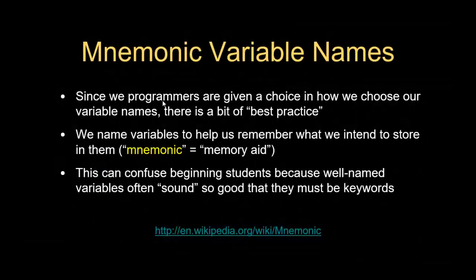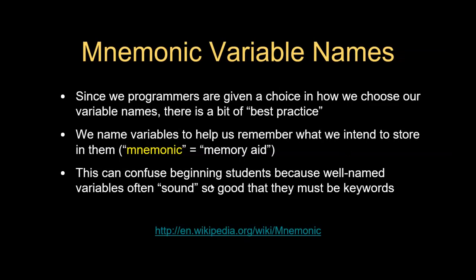Mnemonic variable names. So we're given a choice in how we choose our variable names, so there's a bit of best practice. You should name a variable so that just by reading your code you know what it's for, what it is you're storing in there.